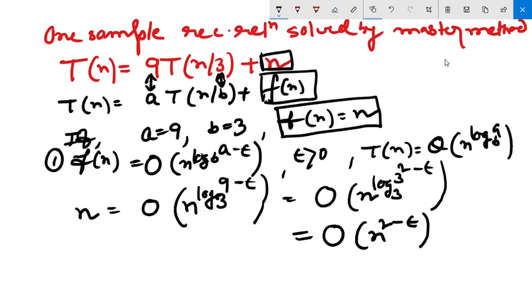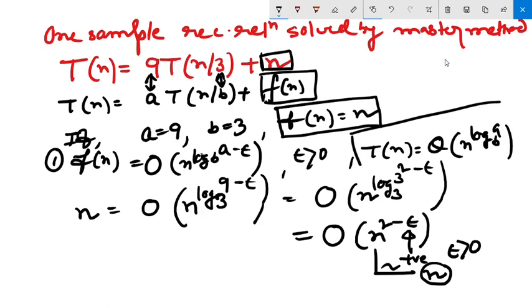Okay, so this is n square, and then we are subtracting one positive quantity, epsilon, which is greater than 0. Then there is a chance that this n square may come down to n. If epsilon is near to 1, then if you subtract that from 2, this will become n. Chances are there. So if this is the case, then what will be your solution?